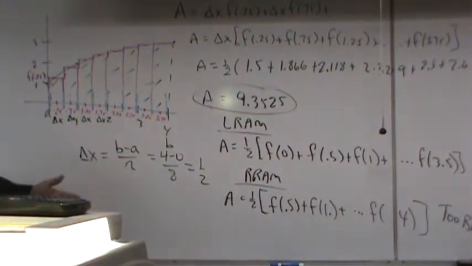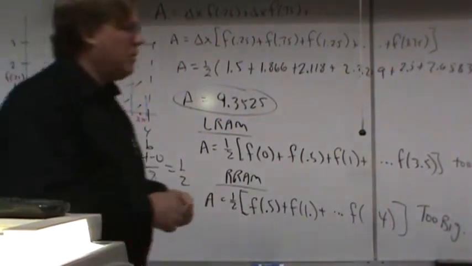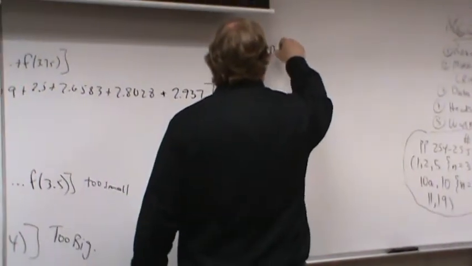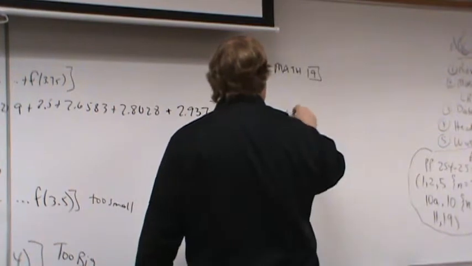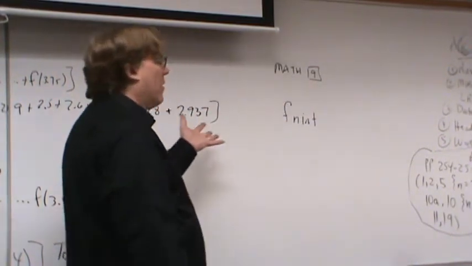Okay, so now there's a way you can actually get this area, and I'm going to show you that now on your graphing calculator. If you press math and then 9. And what's going to happen is you're going to get FNINT, which is a numerical integral.